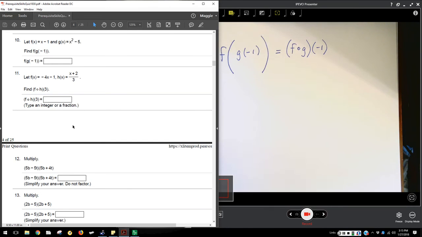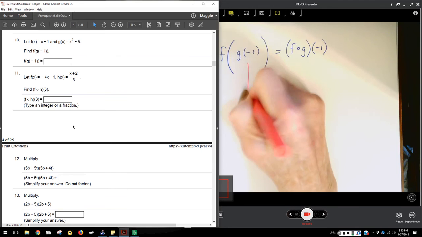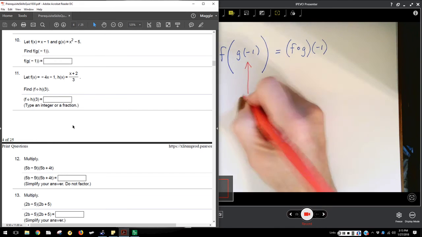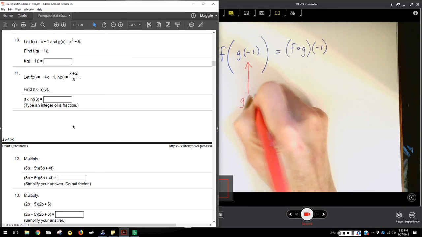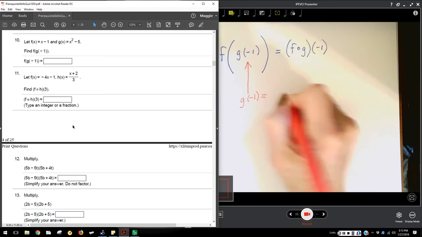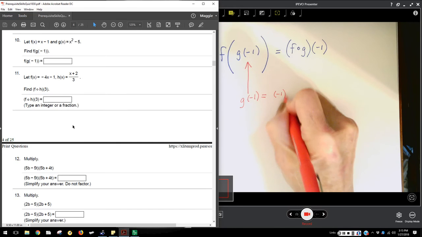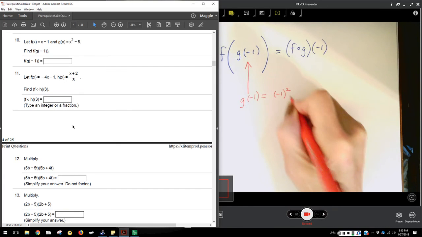What that's telling you to do is use the output from g as the input for x, for f. So the first thing I need to do is use the rule for g and find g of -1. The rule for g says take whatever x is and square it and subtract 5 from it.